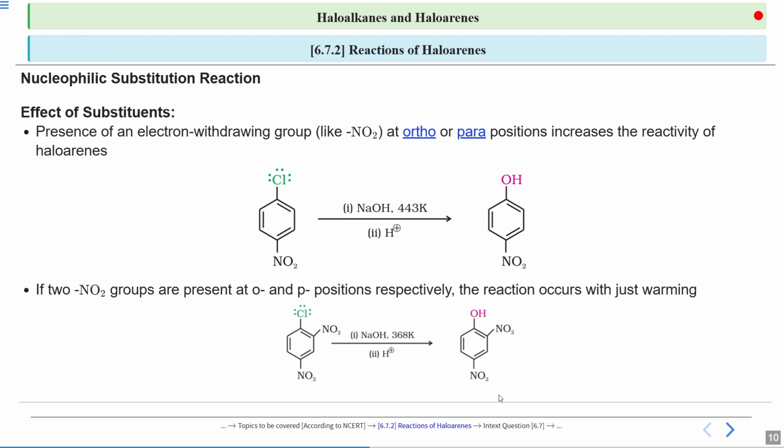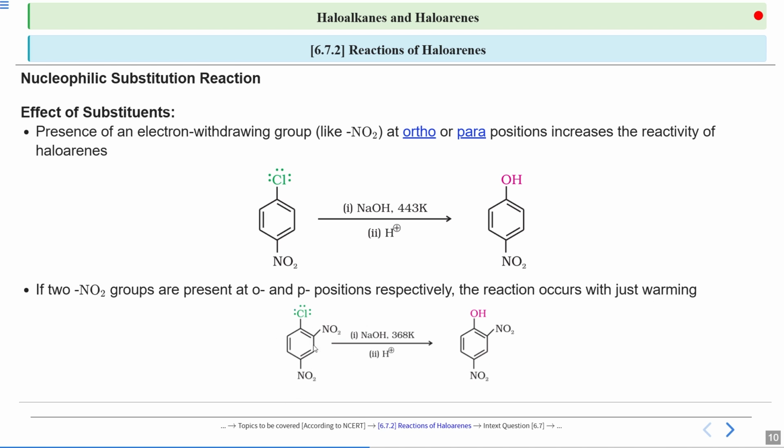And you get your desired product where at the ortho and para positions we have NO2 groups attached, and at the first position we have hydroxyl. Chlorine will be removed and the OH group will be attached in the benzene ring, and this reaction occurs with just warming of the compound.